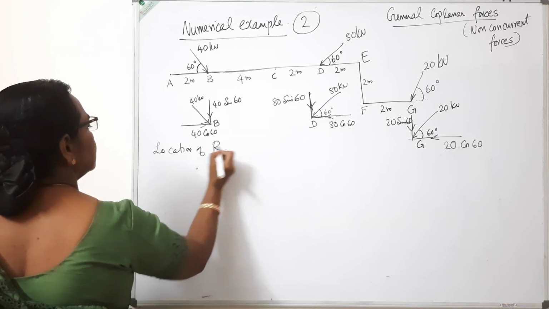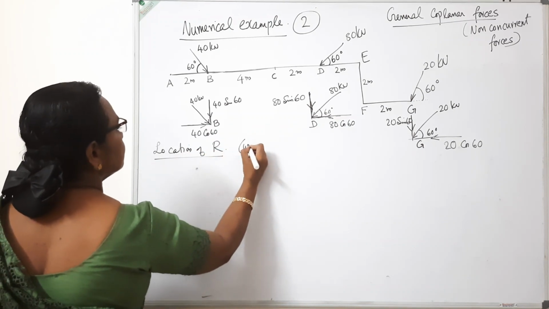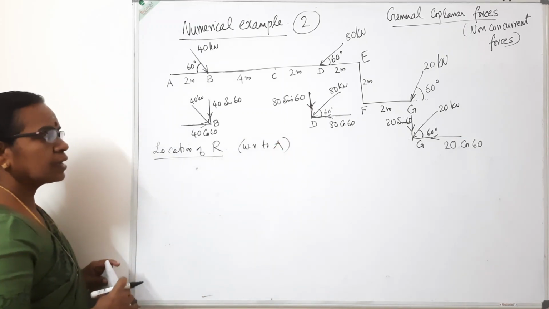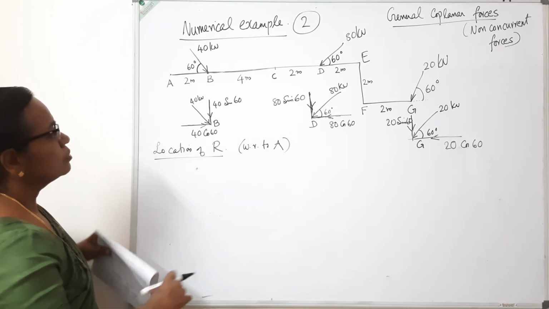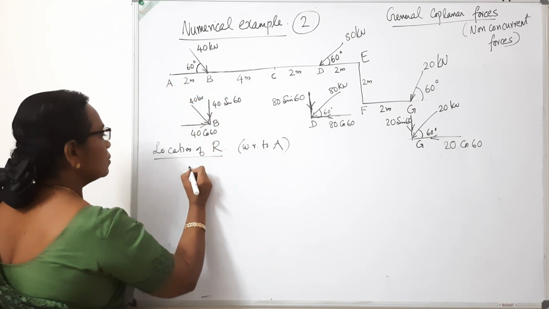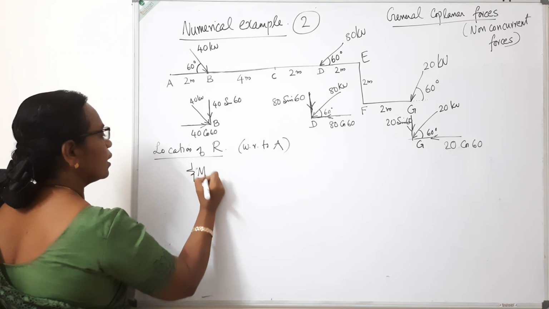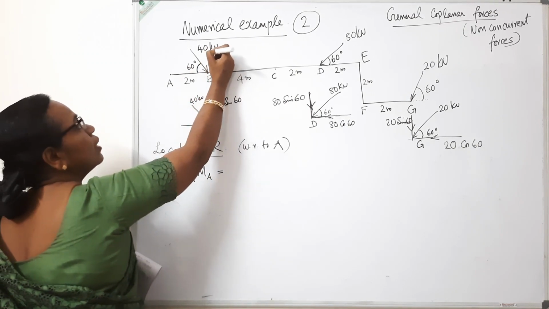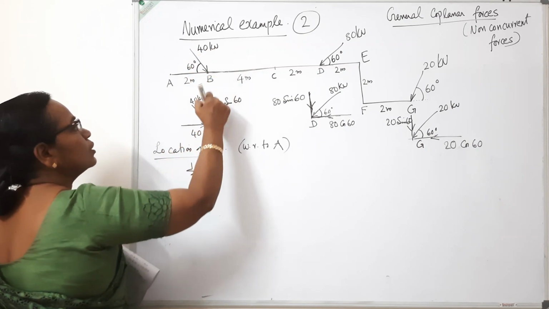Location of R. We find out with respect to the point A. From A, how much distant it is. So let us take moment of all the forces about A. Sigma MA, moment of all the forces about A. So each force, we have resolved it into vertical component and horizontal component.